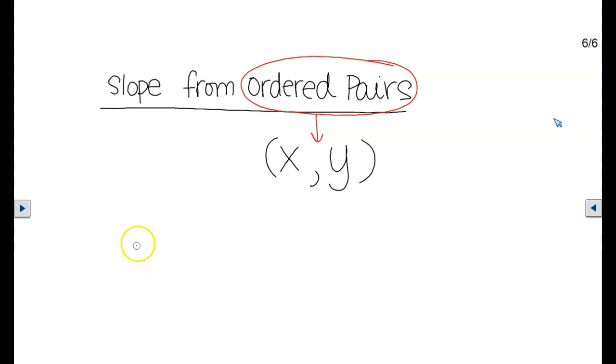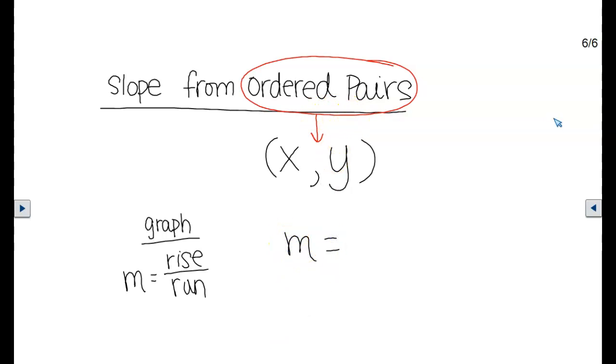Now, remember on the graph that m, slope, was equal to rise over run. When you are dealing with slope from ordered pairs, we're going to deal with a new definition of m.